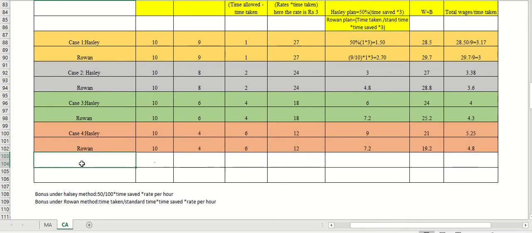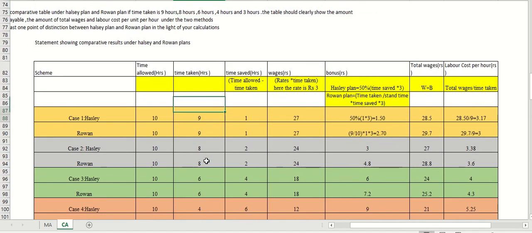So your case 5. Your standard time remains the same again. Your time taken in case 5 is 3 hours.